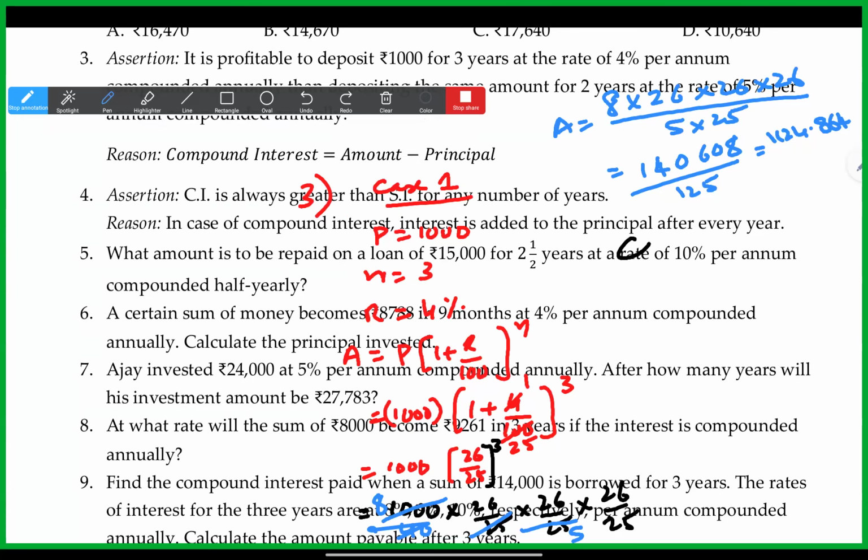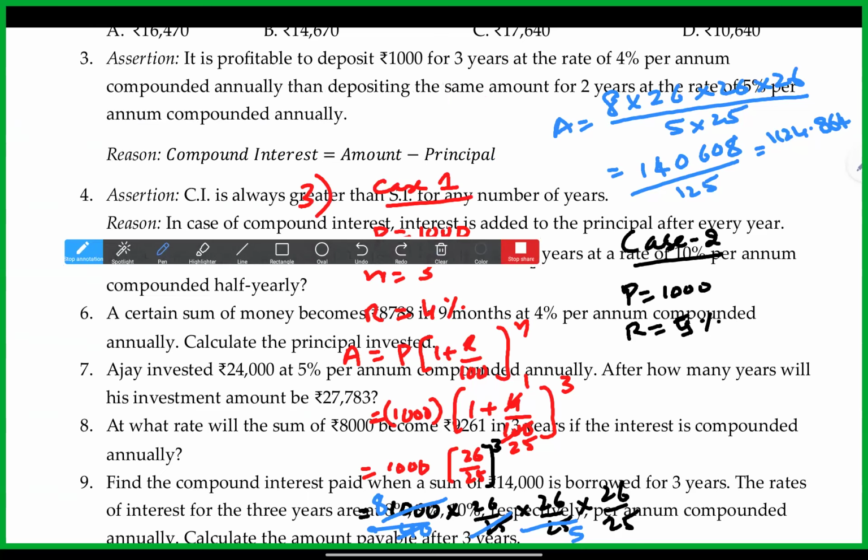Now case two. What is case two, Ishwa? P is equal to, again the same 1,000, but this time the rate percent is 5.